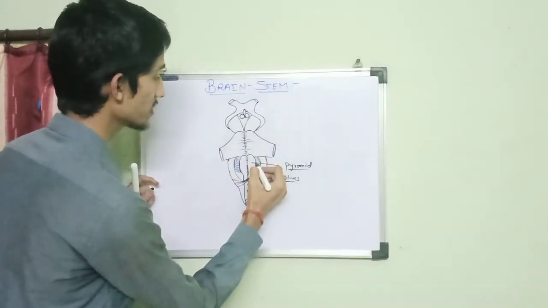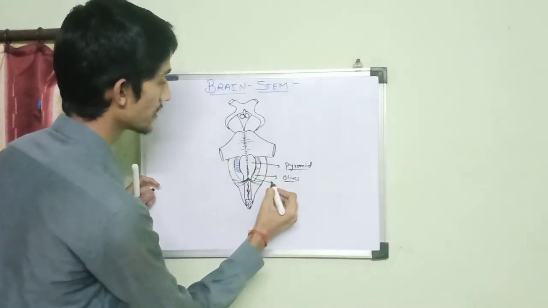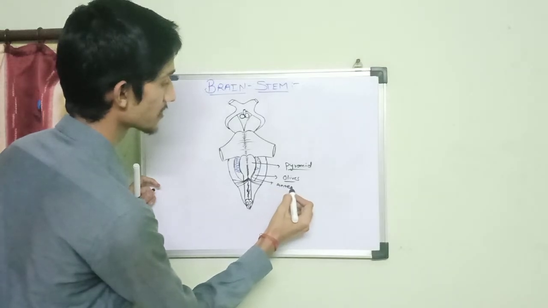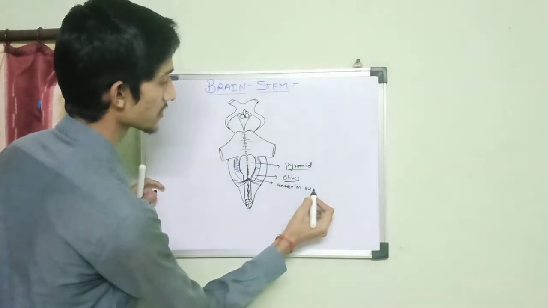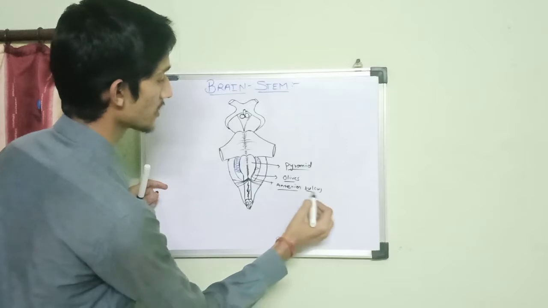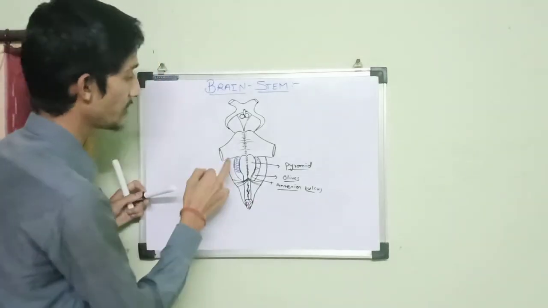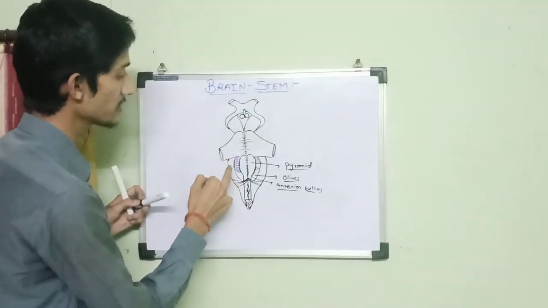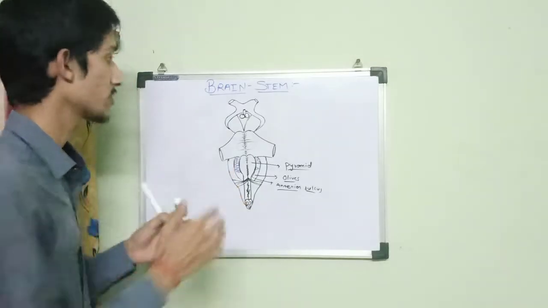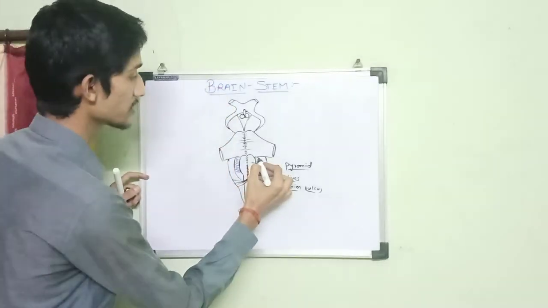This sulcus between pyramid and olive is known as anterior sulcus. Similarly, there is a sulcus between the olive and the posterior aspect of the brainstem.